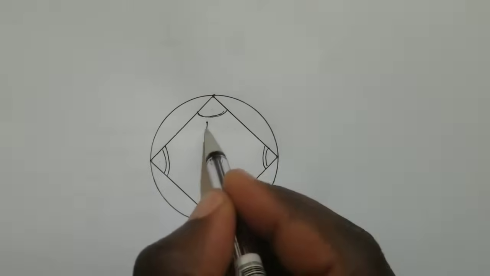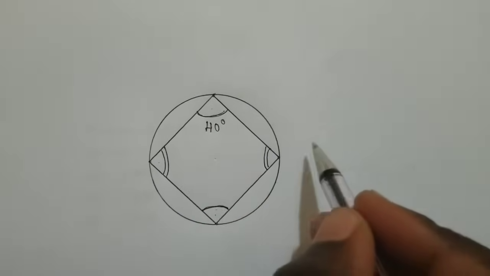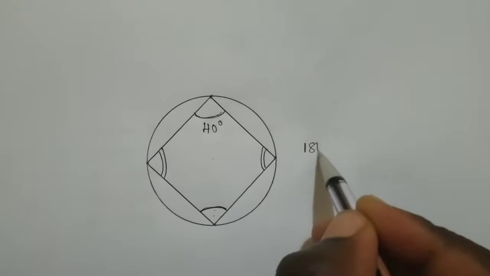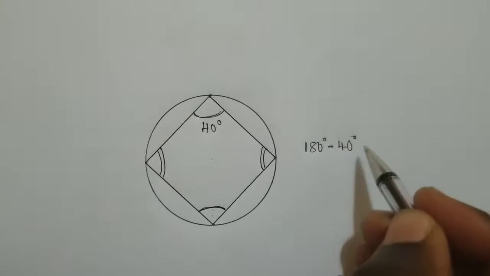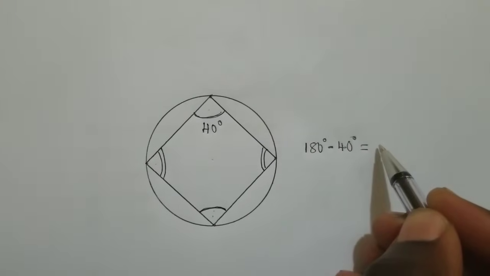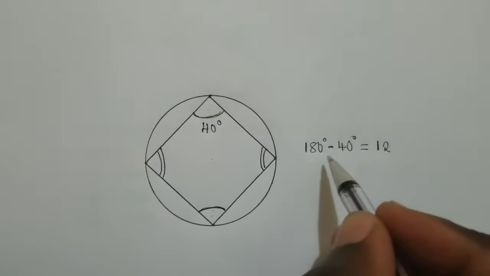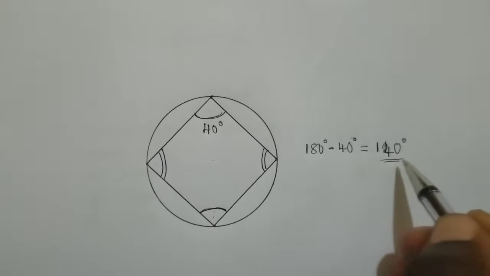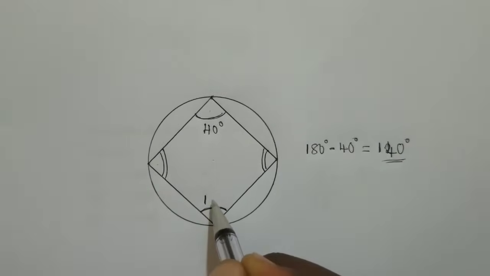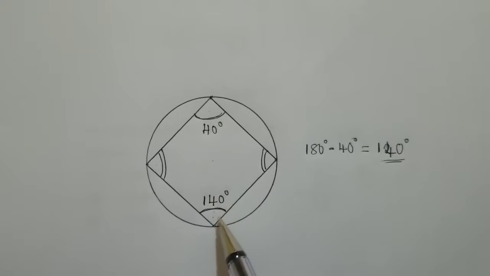So let's do this. If this is 40 degrees, what will be this angle right here? You're going to say 180 degrees minus 40 degrees. And it's giving us 140 degrees. So the angle here is 140 degrees, such that when you add these two, you're getting 180.